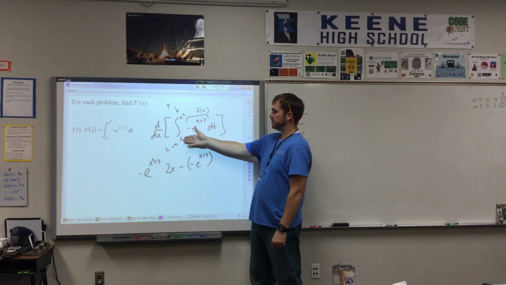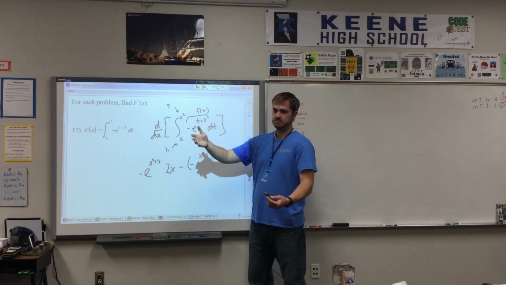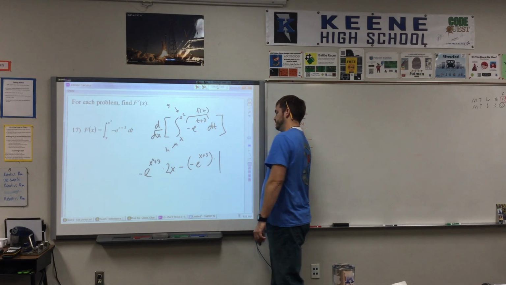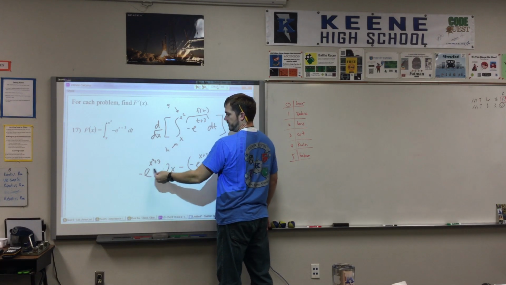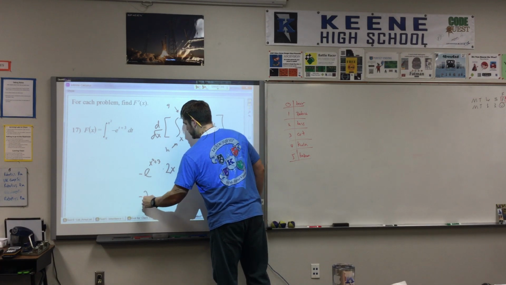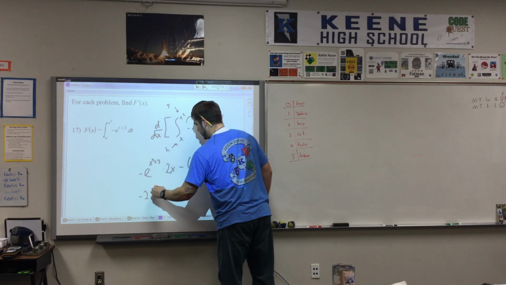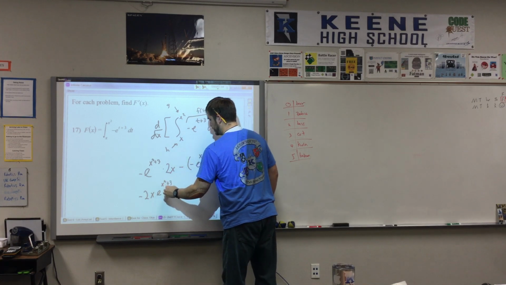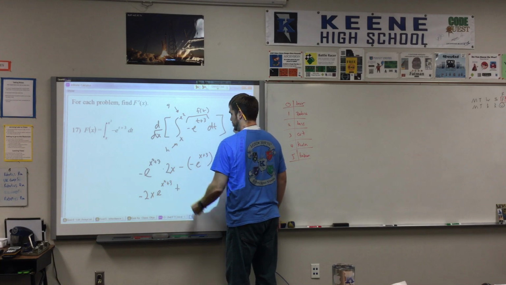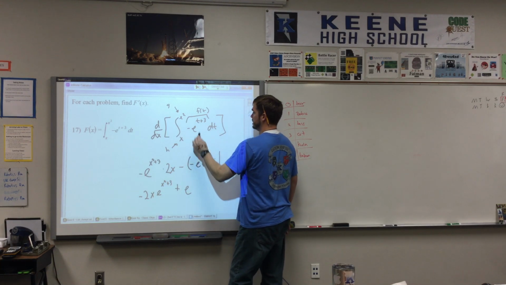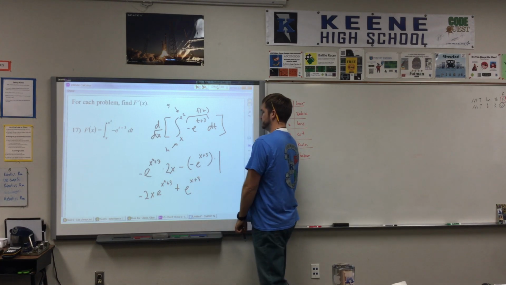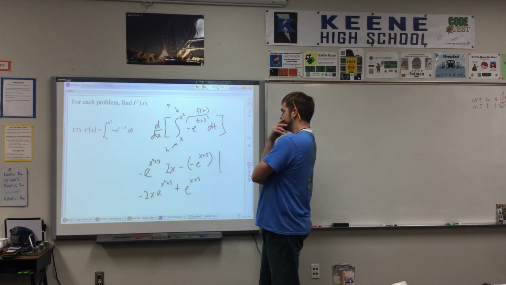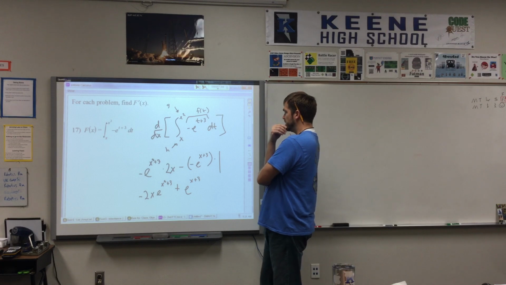And this is a terrible problem. I should have chosen something a little bit better, but that's okay because the derivative of x is 1. Normally we like to write everything else before the e, so I'm going to write this as negative 2x e to the x squared plus 3, and minus a minus turns into a positive e to the x plus 3.